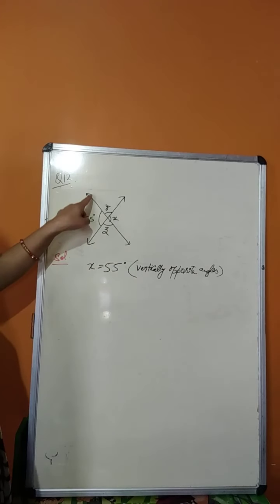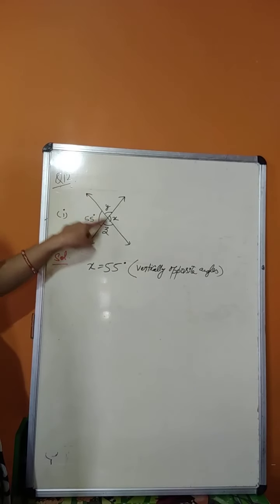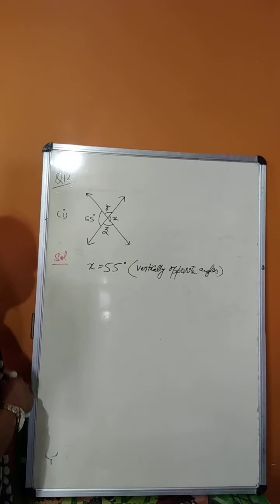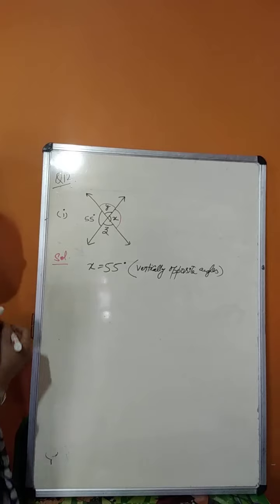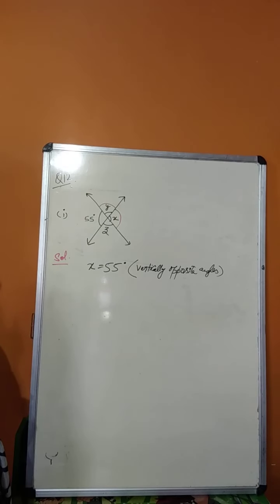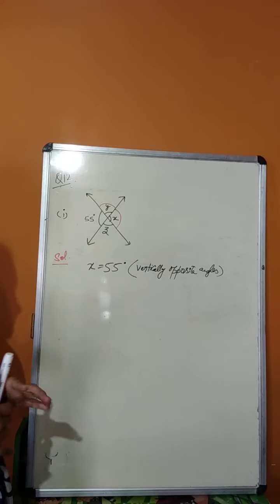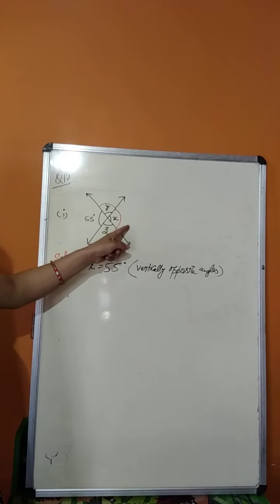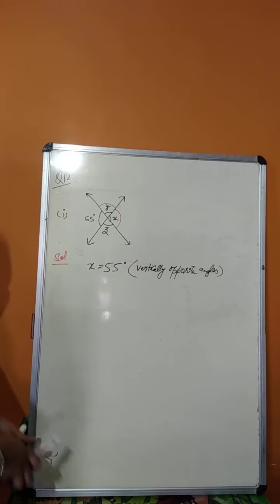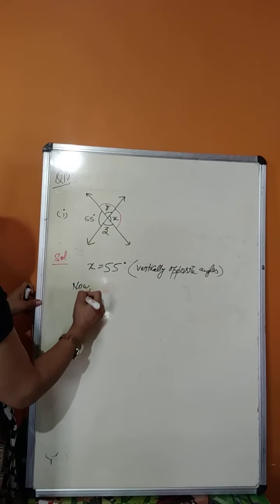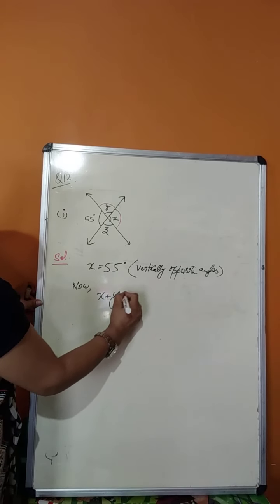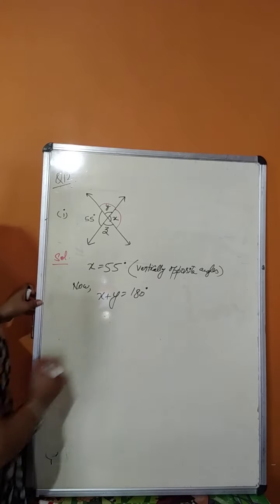Now, this is a straight line. So the sum of x and y should be 180 degrees because they are forming a linear pair. We can write x plus y is equal to 180 degrees. Why?